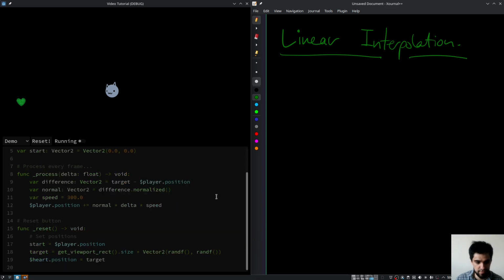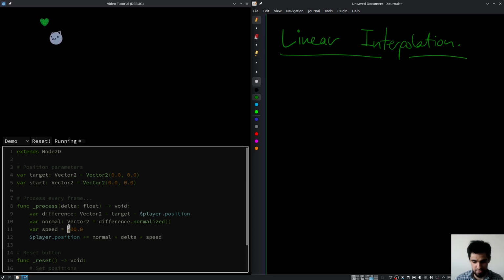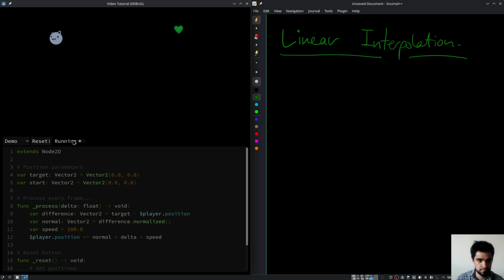And here we have code from a previous video where it is moving towards the heart at a constant speed, which we have been able to adjust. And so moving in this way is something we can do.